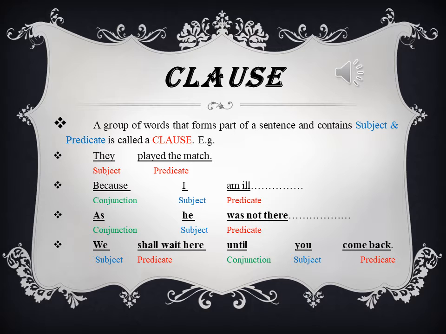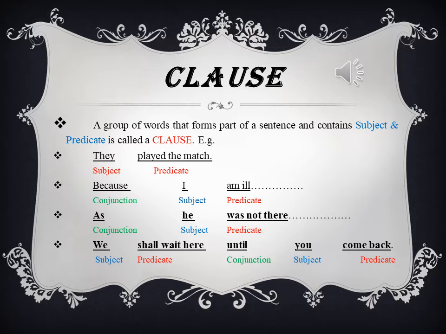You all know that the subject is the doer of action, or it is something or someone we talk about in a sentence, whereas the predicate is that part of a sentence which introduces a subject. So a group of words which contains a subject and predicate is called a clause.